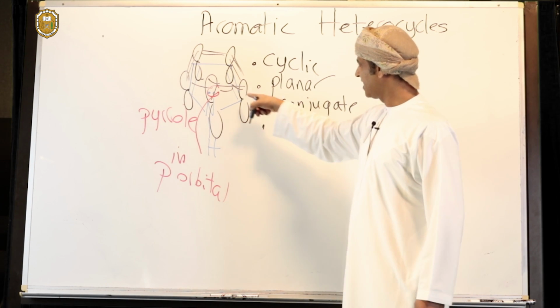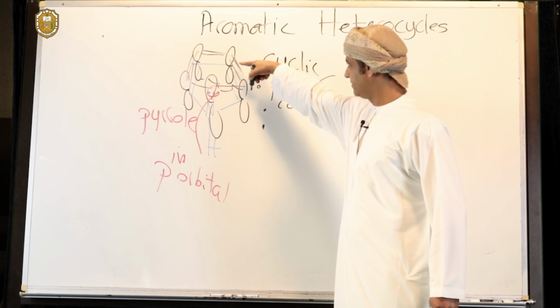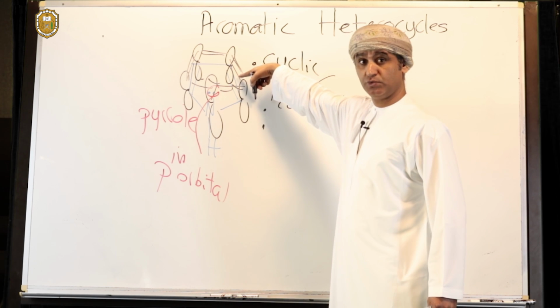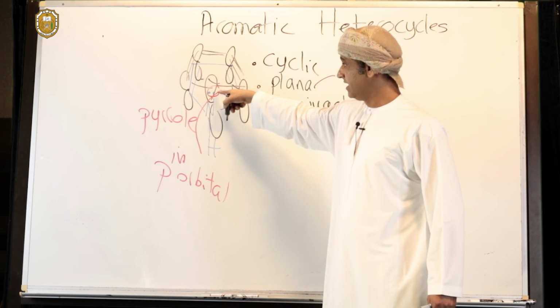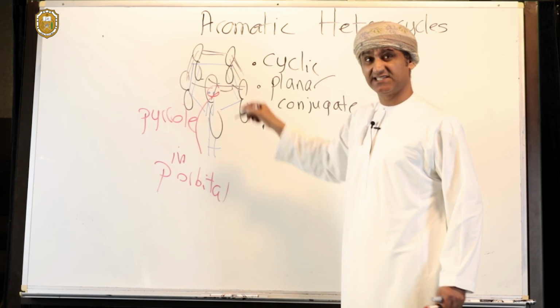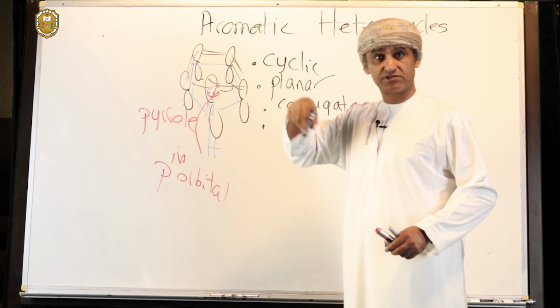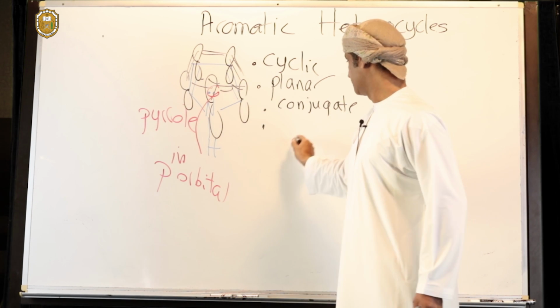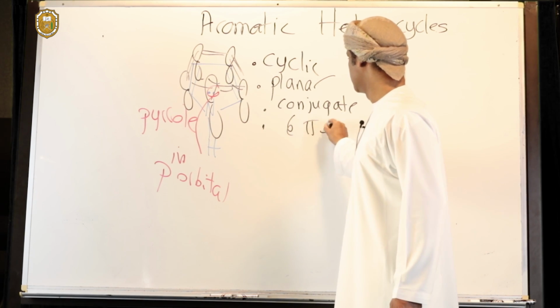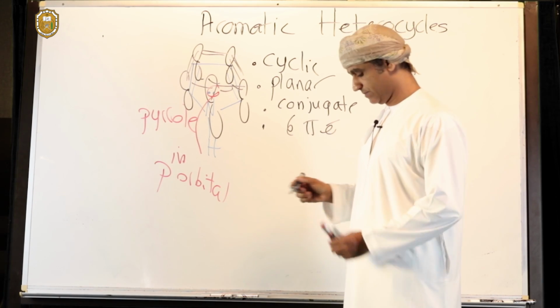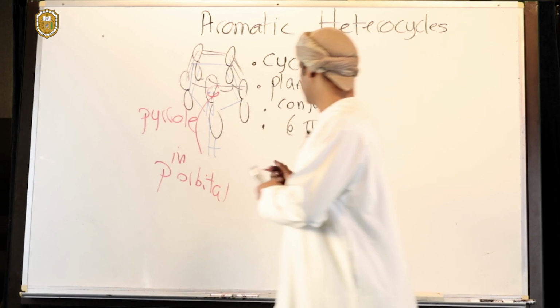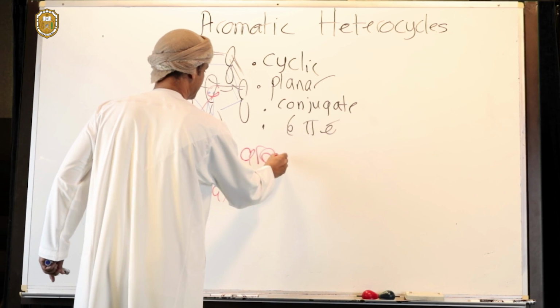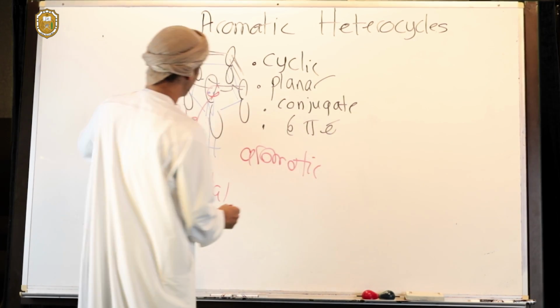Now, is it 4n plus 2? Well, pyrrole contains 2 pi electrons here, plus 2, 4, and these 2 electrons, since they are inside the pi system, are considered to be pi electrons. So 2 plus 2 plus 2, that's 6 pi electrons in pyrrole. Therefore, pyrrole is aromatic.